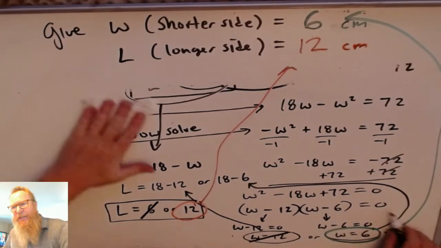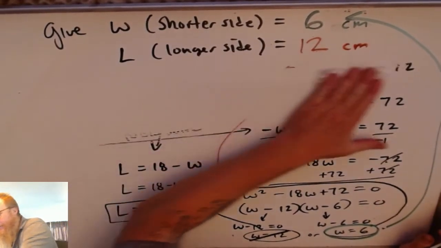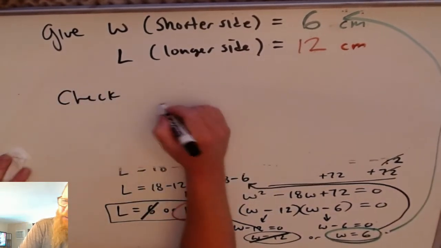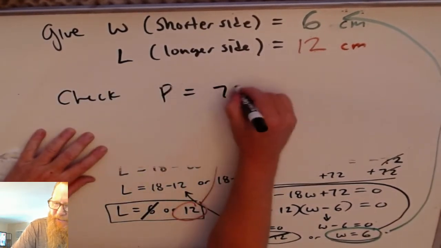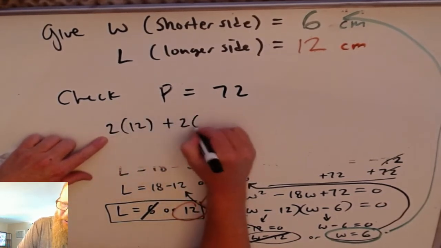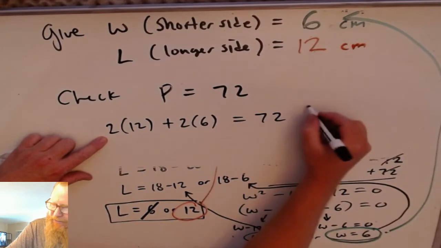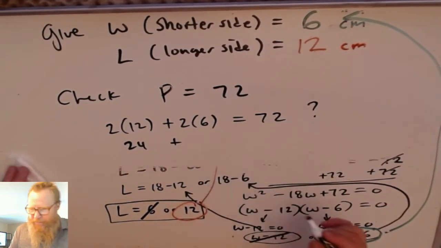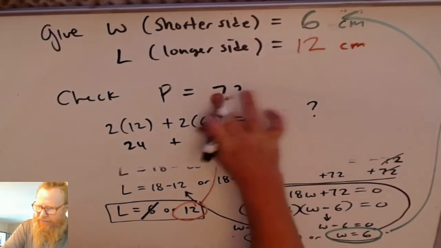Okay, and then we can check our answer. The perimeter should be 72. So 2 times 12 plus 2 times 6 should be 72. Is that true? 24. I'm sorry, the perimeter wasn't 72.